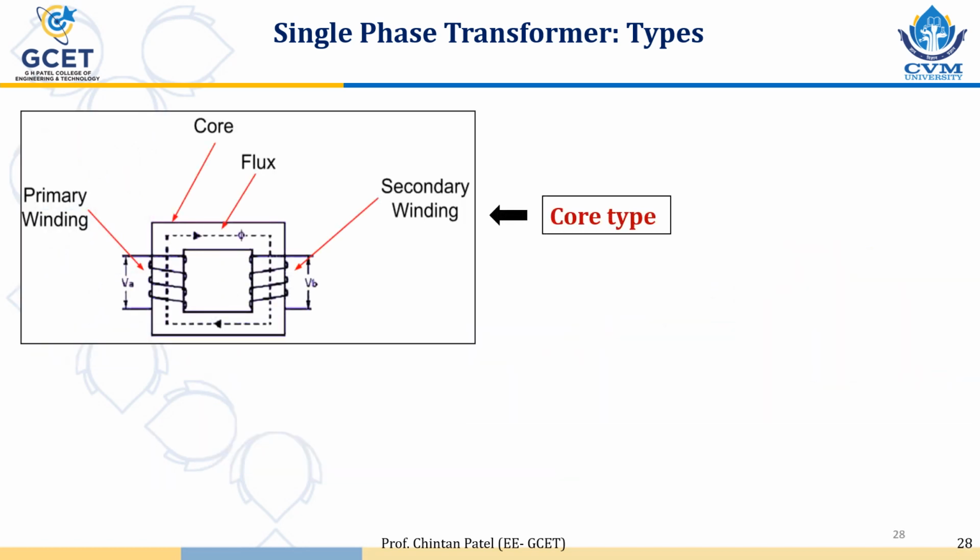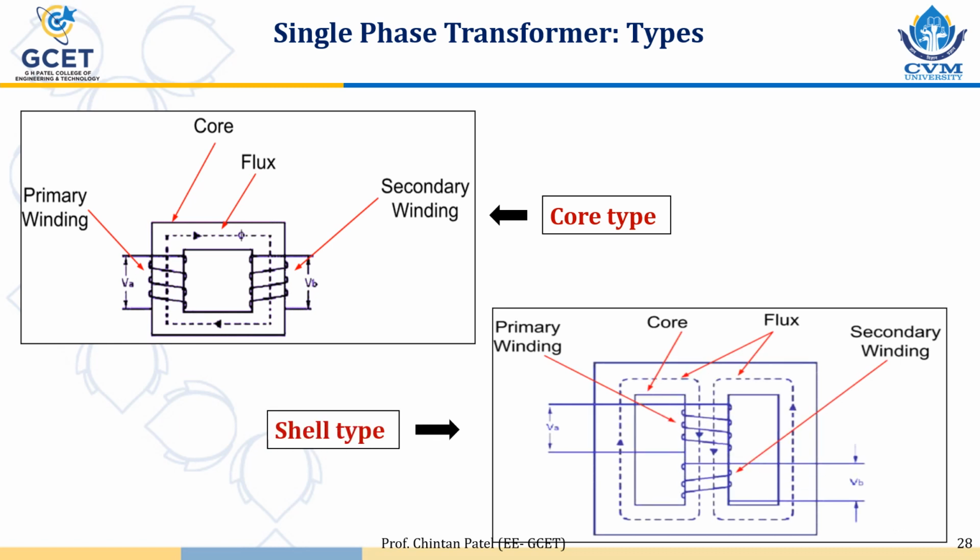So you can see here another diagram for core type transformer. There is a magnetic core, and around the core two windings are kept or placed. So core type transformer. Here in shell type transformer, outside there is core and in the middle limb winding is provided.